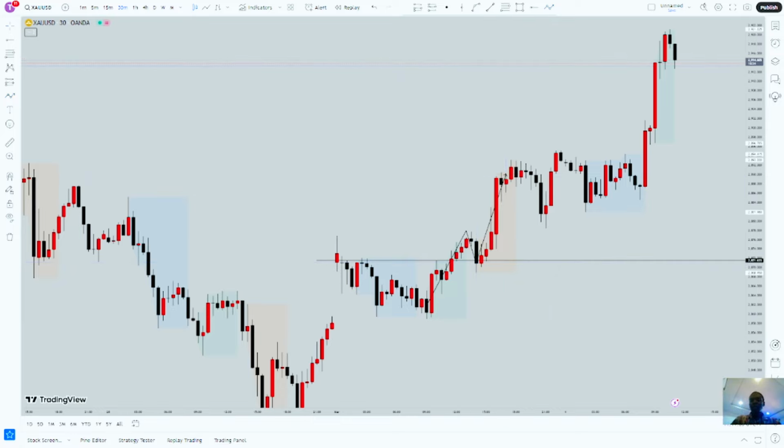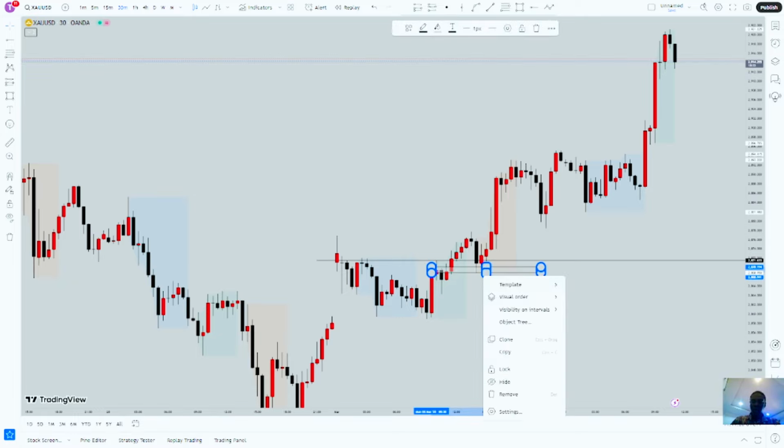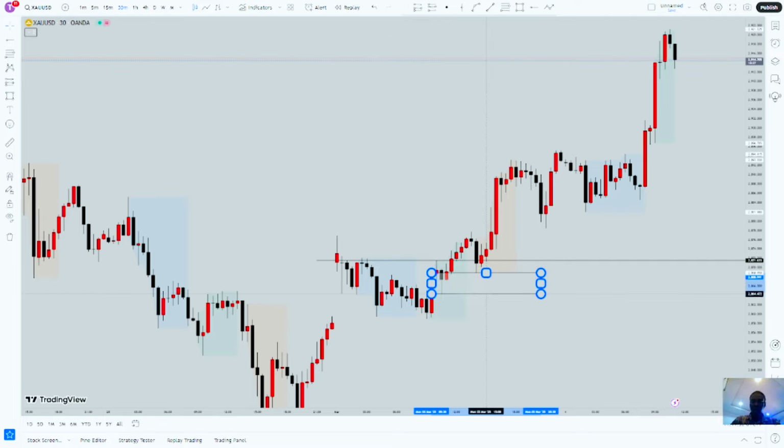So immediately after the break of this Asian high, I just spotted a support level, or a demand zone. That's the support level right there, and if you want to extend it, it's also a demand level on the 30-minute time frame.